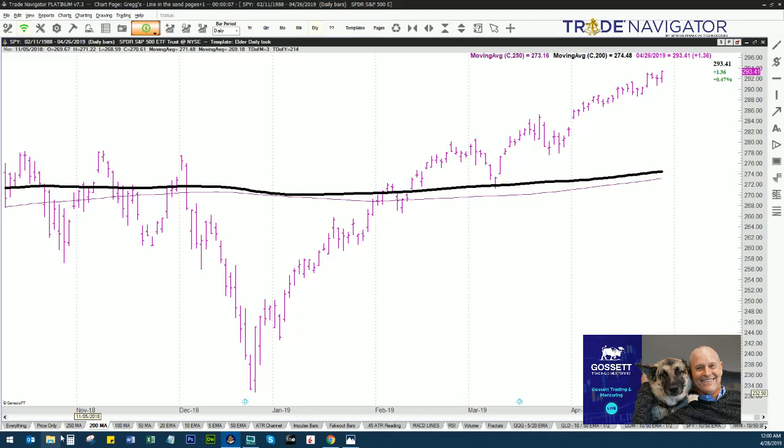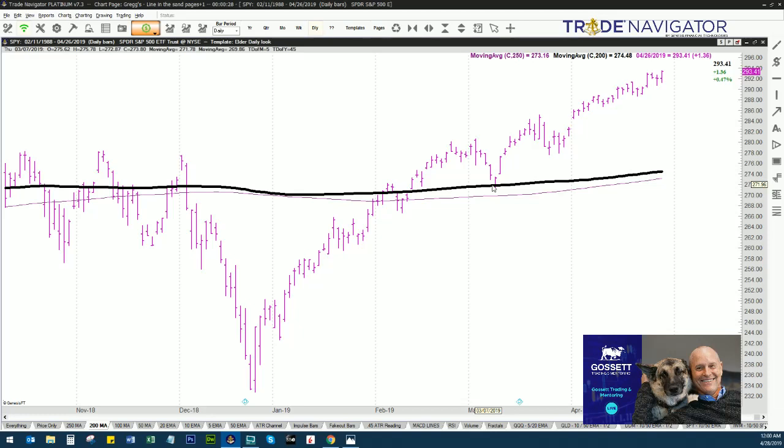I like to buy dips down to the 200-day moving average. When you're above the 200-day, like here, and it bounces off the 200, I like to use that as a deep dip buy kind of line in the sand, because there are buyers that hang out at the 200-day moving average, waiting for it to come back down.